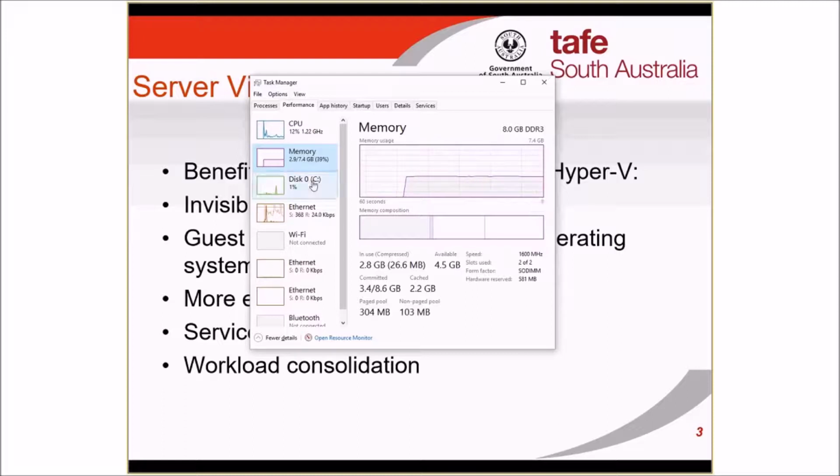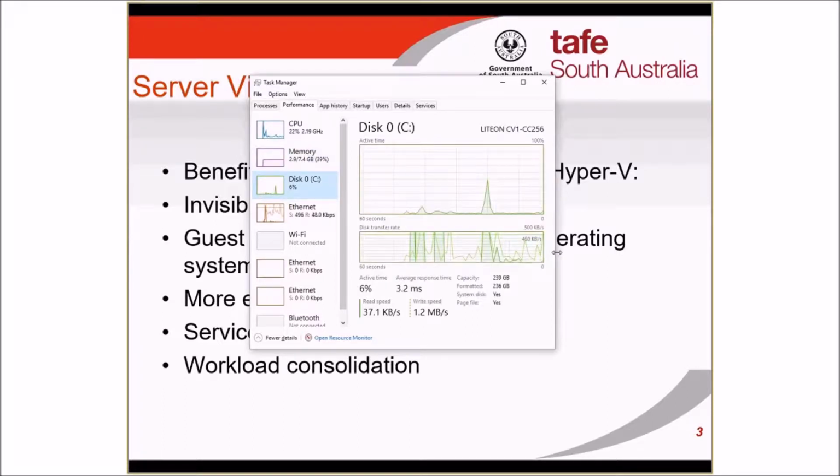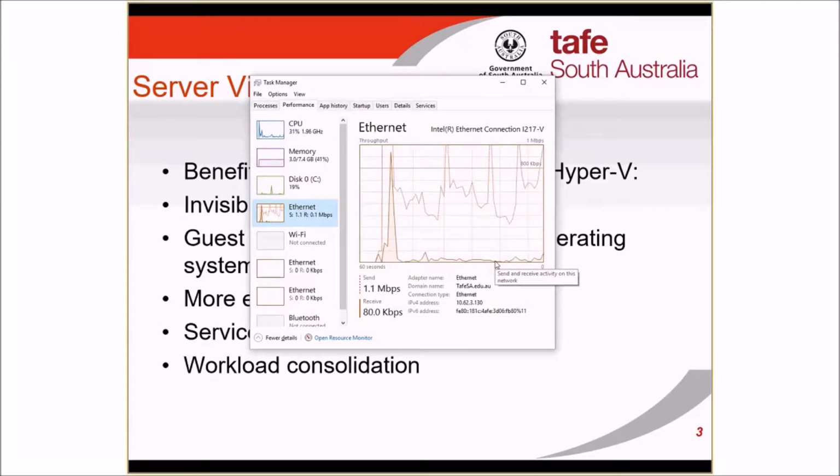If I look at my disk activity, again, I've got a solid-state hard drive. It's got a certain level of performance, and right now I'm not using much of it at all. Same with my Ethernet. Even though I'm accessing the network to some degree, I'm not really using the full capacity of my network.